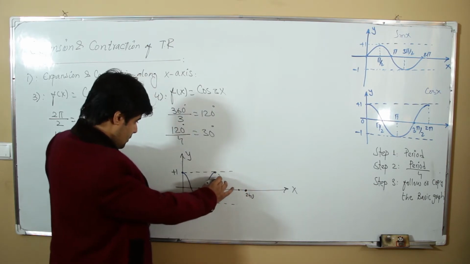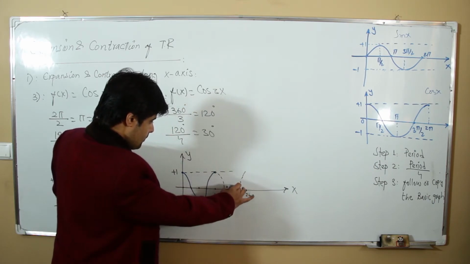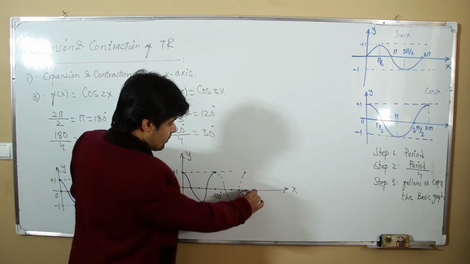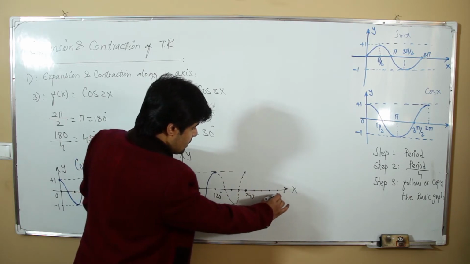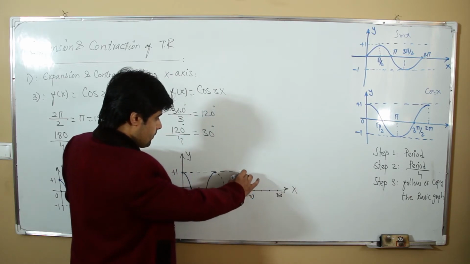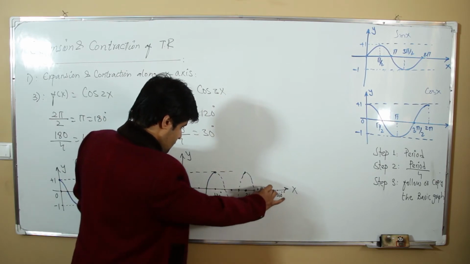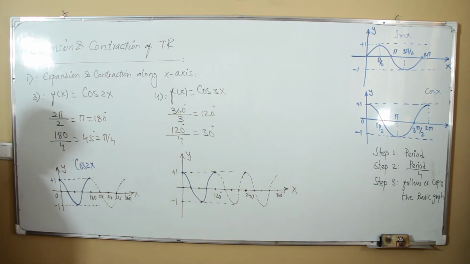Now the graph is the next one, 30, 60, 90 and 360. This is our graph for cosine 3x. I think you have got it. Write it please.